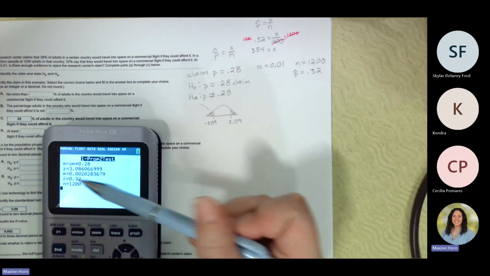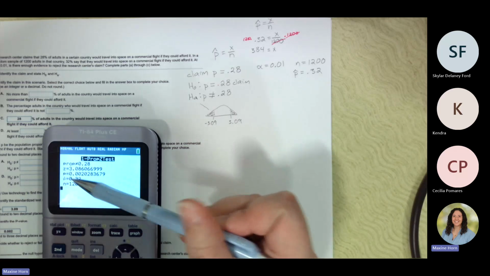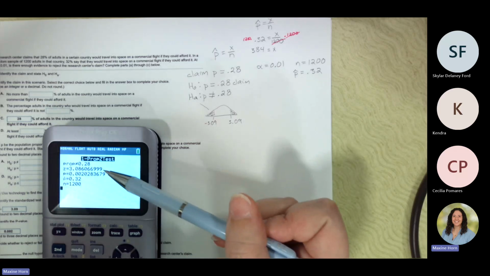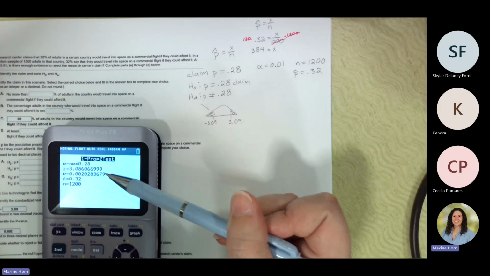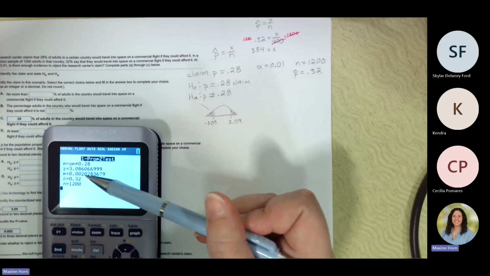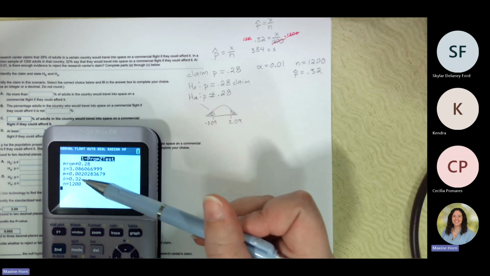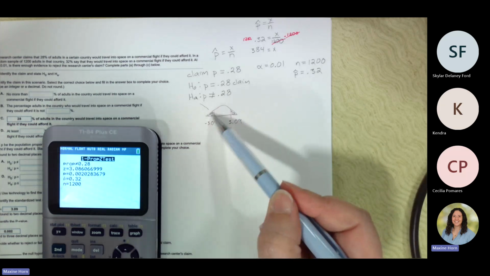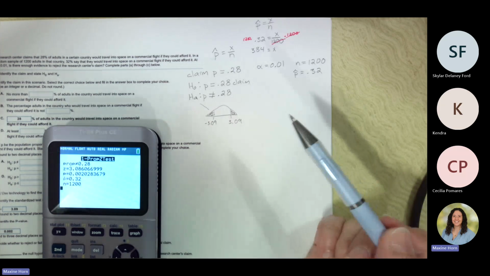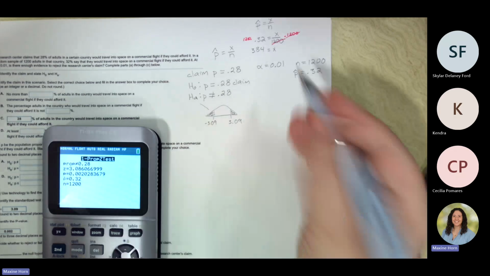All right, so remember this p right here is not p hat, right? It's telling us what p hat is, in case we didn't already know it. This is our p-value. This is the area in the shaded regions, both of them added together.